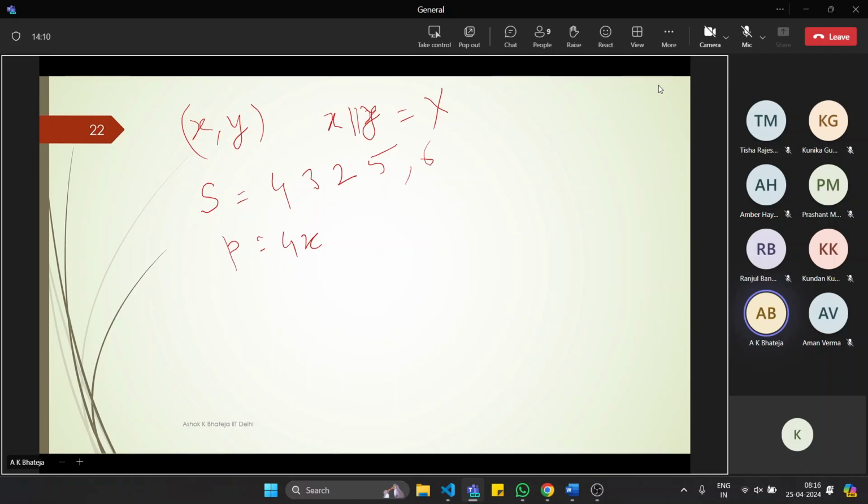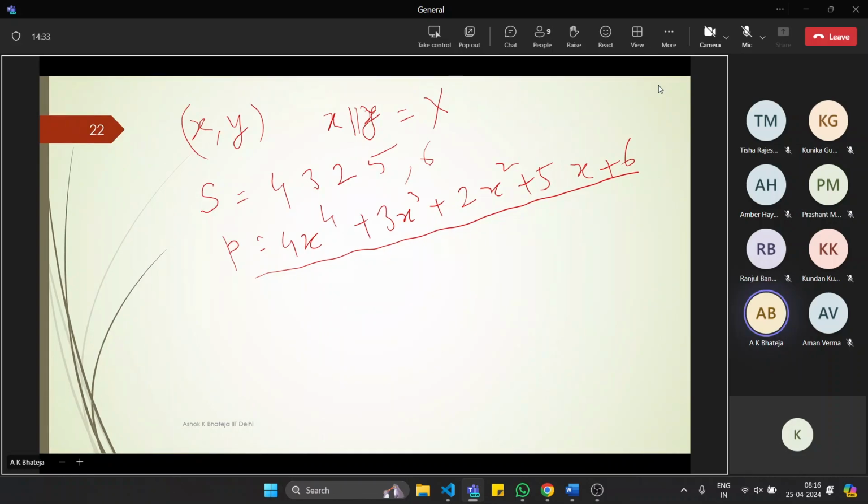Then you can have this polynomial: 4x^3 plus 3x^2 plus 2x plus 5x... plus 6. So this is the polynomial. Indirectly, this polynomial contains the secret basically.